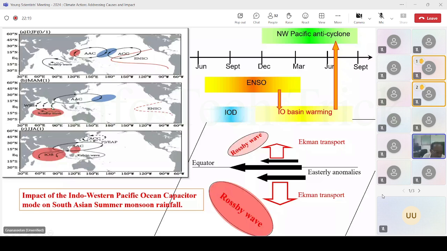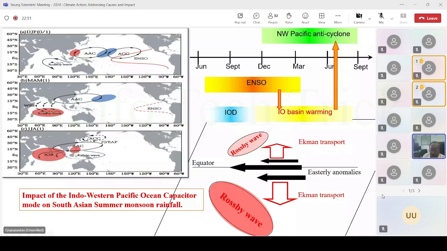So in monsoon time, you have warming in the Indian Ocean with this feedback. And the Indian Ocean can also feed back to the Northwest Pacific and modulate this anticyclone, and so they can play an important role in controlling or modulating the rainfall patterns over both South Asia and Southeast Asia.